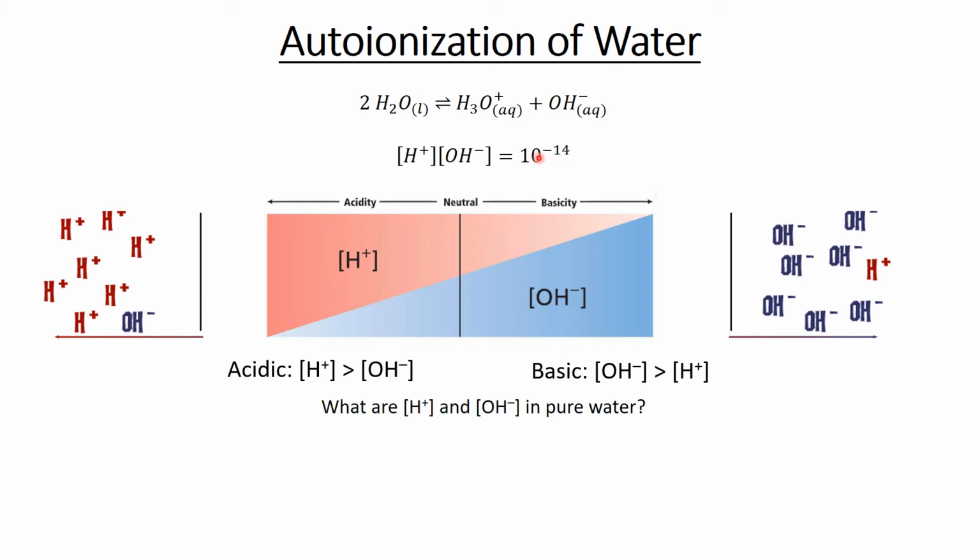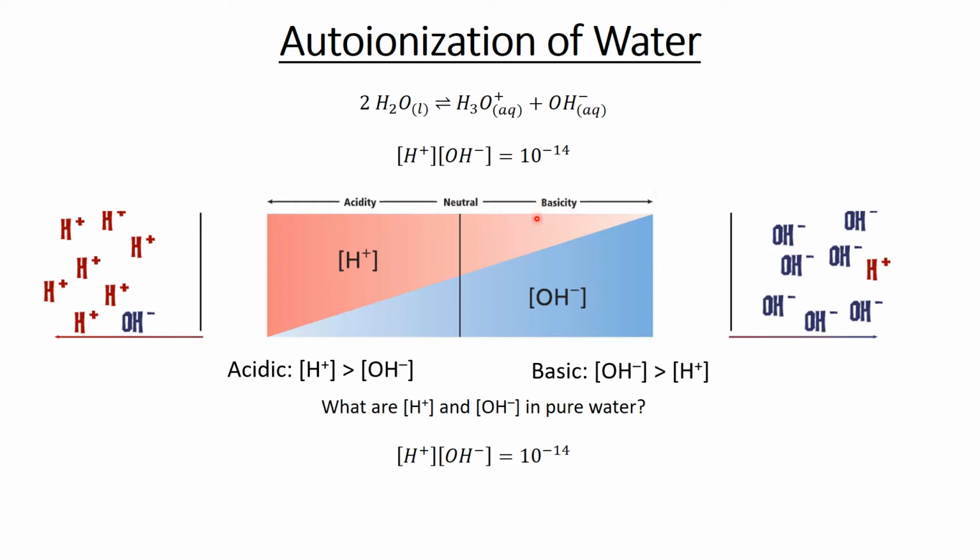So let me ask you a question. What are the H plus and OH minus concentrations in pure water? Well, in pure water, I have equal amounts of H plus and OH minus, because each H plus, which is really hydronium, is produced when a water molecule bumps into another water molecule. So this balanced equation here says I have one H plus for every one OH minus when two water molecules bump together.